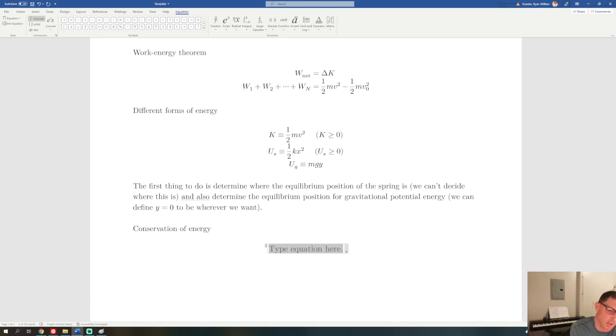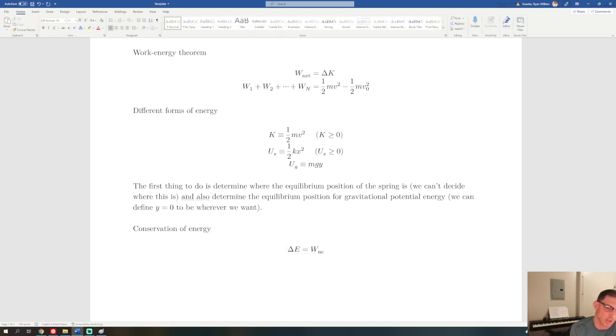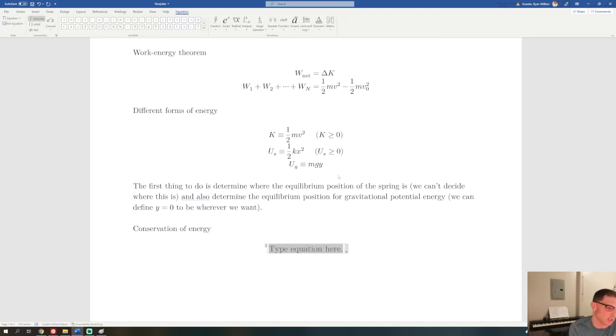Okay, cool. So conservation of energy, right? What we want to say is essentially that the change in mechanical energy of a system or an object or whatever is given by the work done by the non-conservative forces on it. And we can just write out that generally the mechanical energy is going to look like 1/2 mv squared plus mgy plus 1/2 k x squared.